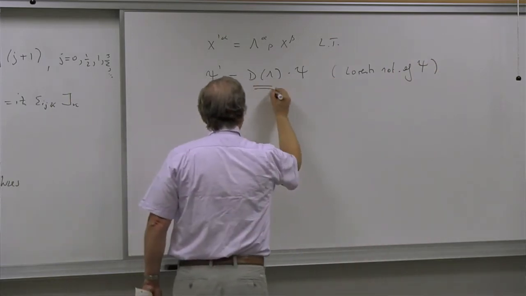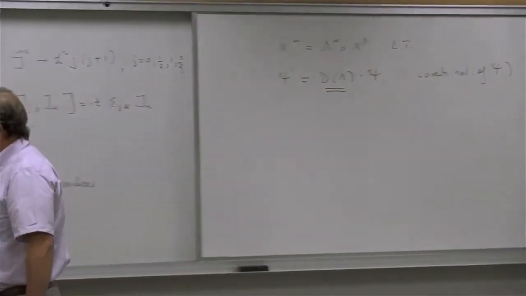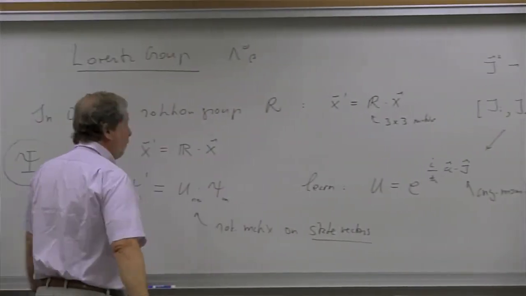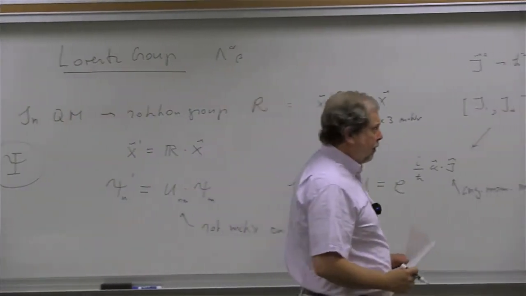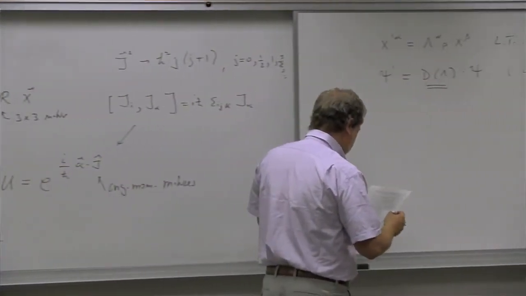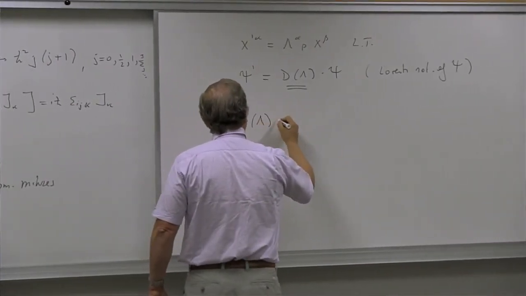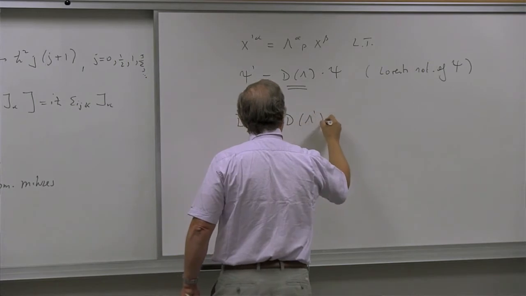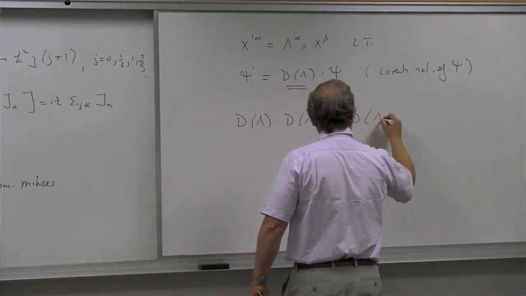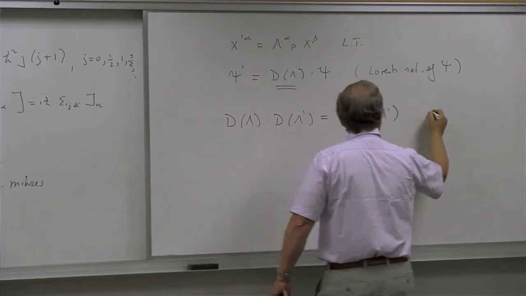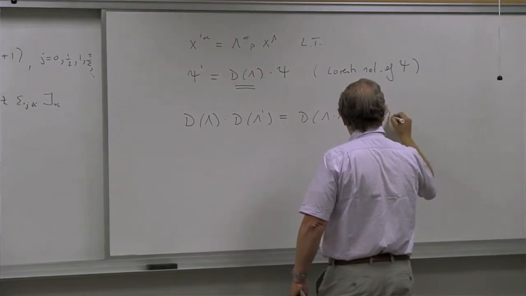So this D(Lambda) is like the U here, right? It's called the D matrices. And so we know that they should form a group. So D(Lambda) times D(Lambda prime) should be the same as D(Lambda times Lambda prime), right? It should be a group.